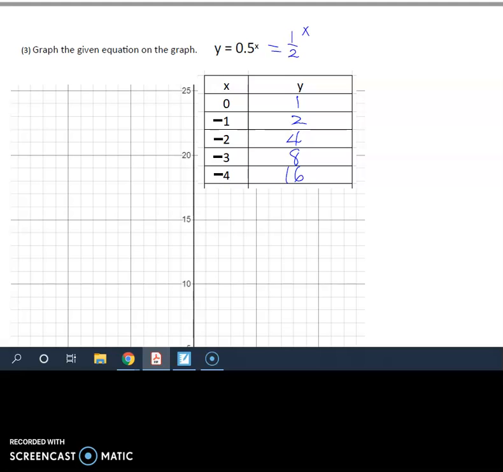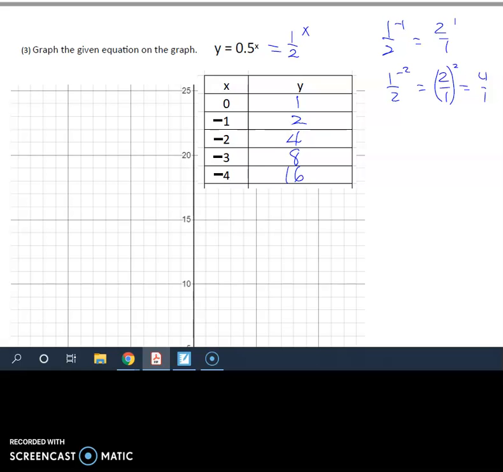So basically a negative 1, if I turn it into a positive 1, I'm looking at basically 2 over 1 to make the exponent positive 1. And 1/2 to the negative 2 would basically be 2 over 1 squared. So it's going to give me 4 over 1, or 4.